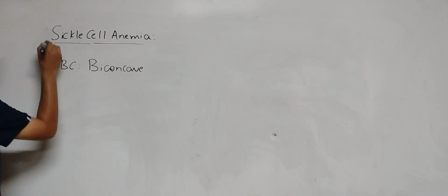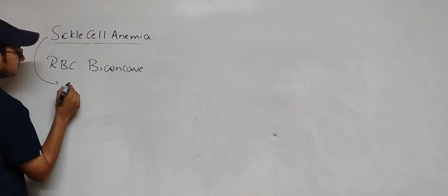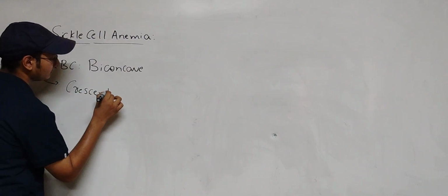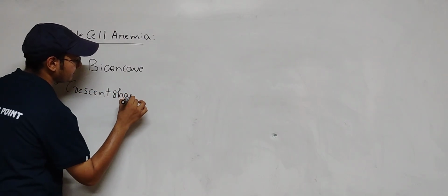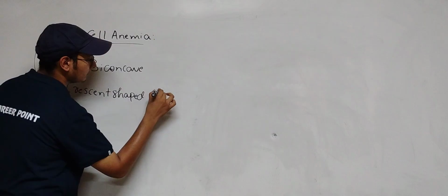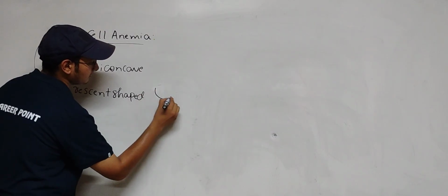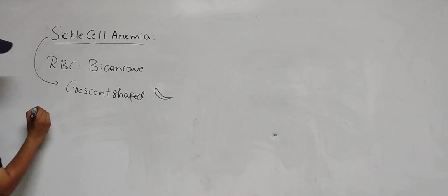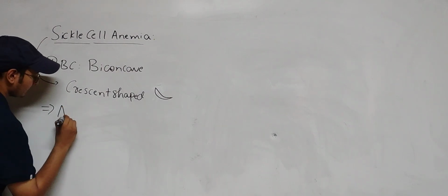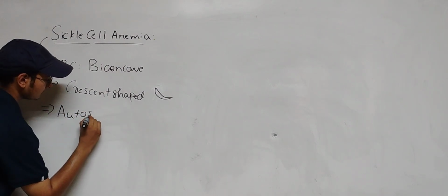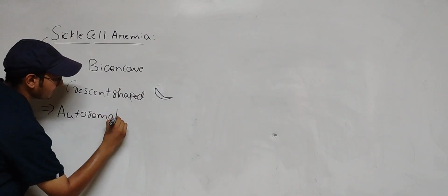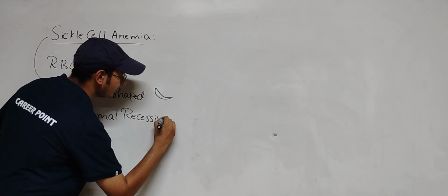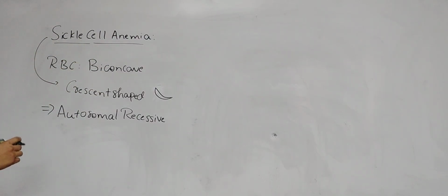But in this disease, they become sickle shaped, crescent shaped, like a moon. This is an autosomal recessive disorder, which means the defect is in the first 22 pairs.